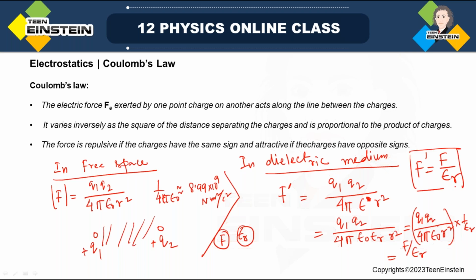Or sometimes you may be asked whether the force in the dielectric medium will be less or more than in free space. Okay, I hope this is clear to you.